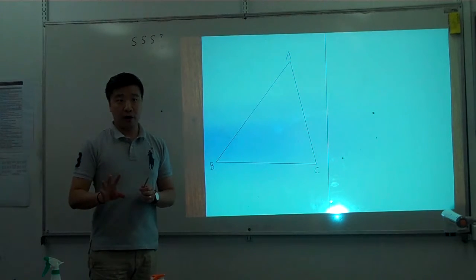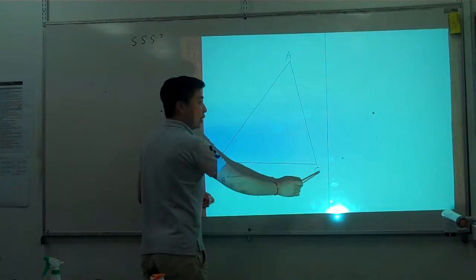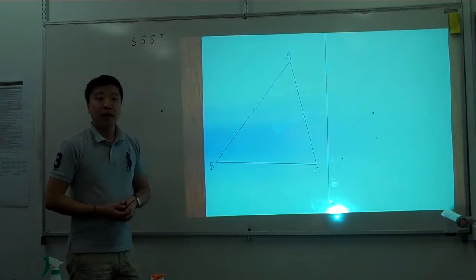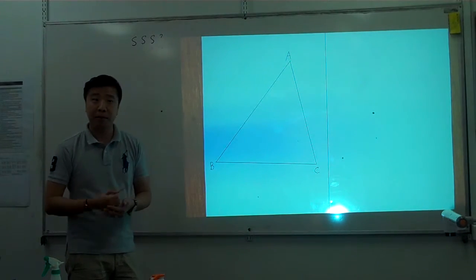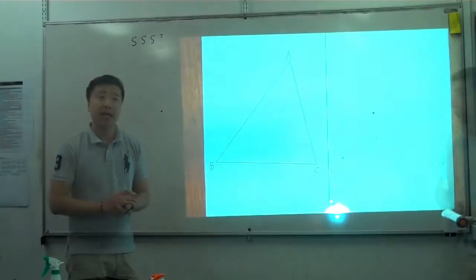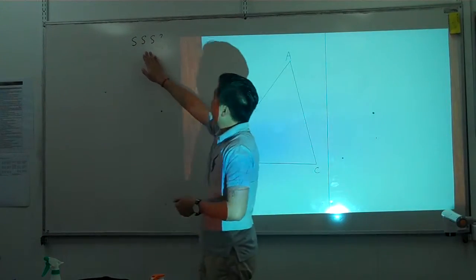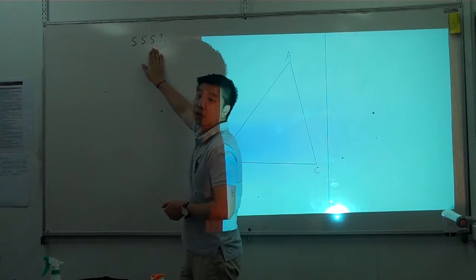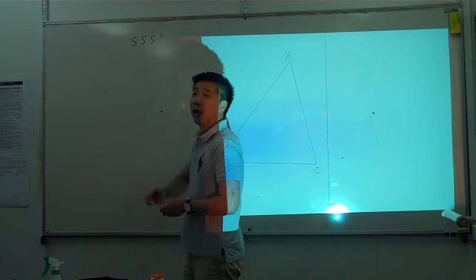After you draw your triangle, label your triangle A, B, C. Your triangle could be A, B, C here. It doesn't matter, but label A, B, C. Now firstly, we want to have a look at how SSS works, which means equal side, equal side, equal side.